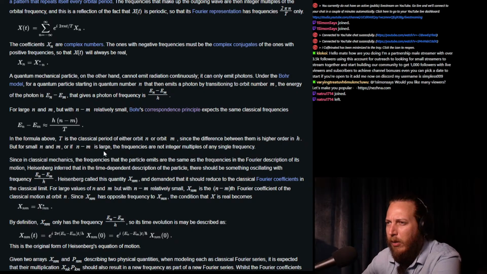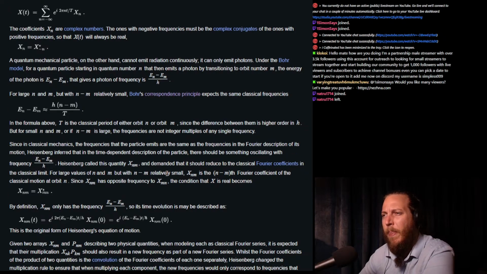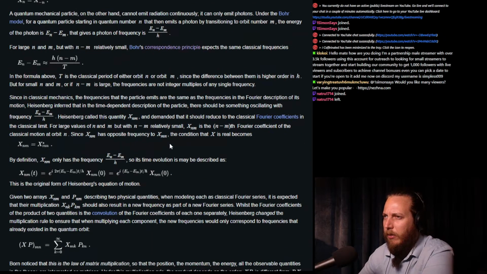But for small n and m, or if n minus m is large, the frequencies are not integer multiples of any single frequency. Since in classical mechanics the frequencies that the particle emits are the same as the frequencies in the Fourier description of its motion, Heisenberg inferred that in the time-dependent description of the particle, there should be something oscillating with frequency (E_n minus E_m) over h.